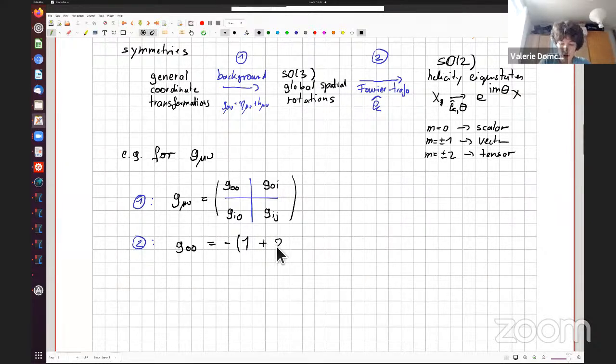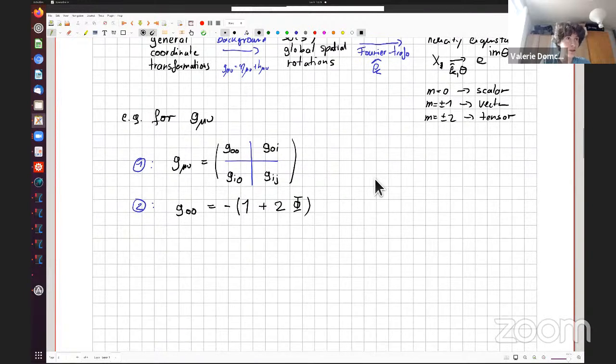So all I can do is essentially add one scalar perturbation, right? Scalar means no indices, which means it has m equals 0, a scalar under these helicity rotations. Now, we can do the same for a spatial component. So from here we got essentially one scalar.